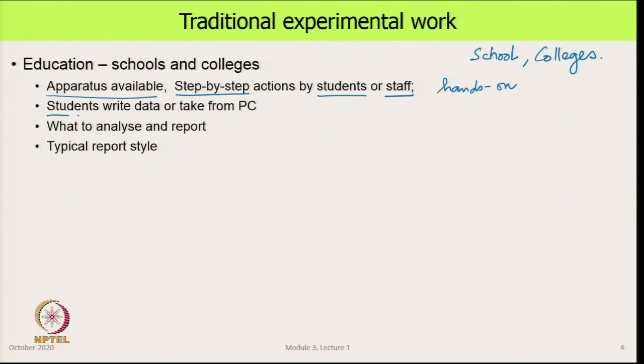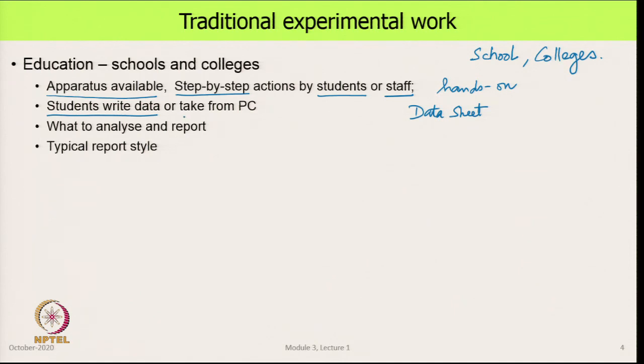The students are given a form called a data sheet. It is a table in which they are told what they have to write, and as the experiment proceeds they keep noting things in that.